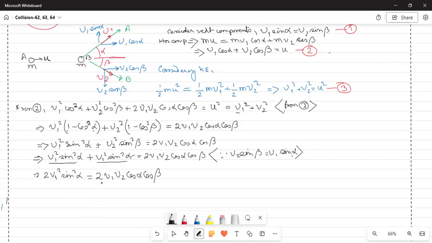Now this 2 v1 v2 cos alpha cos beta is equal to 2 v. Once again, v2 cos alpha is equal to v1 sin alpha, that we have got here.